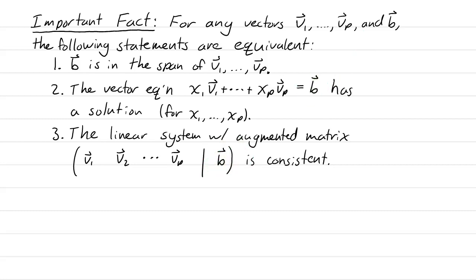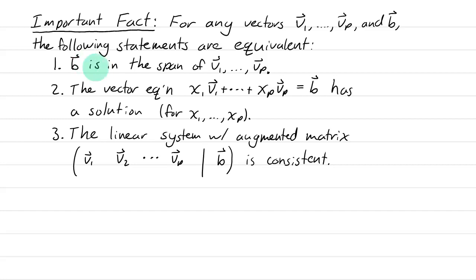So what this is saying is that these three things are all equivalent statements. So for any particular set of these given vectors, these are either all true or they're all false. And we saw an example of this in the last one. These three statements are basically the same as the three statements we had two copies of with that true or false question.